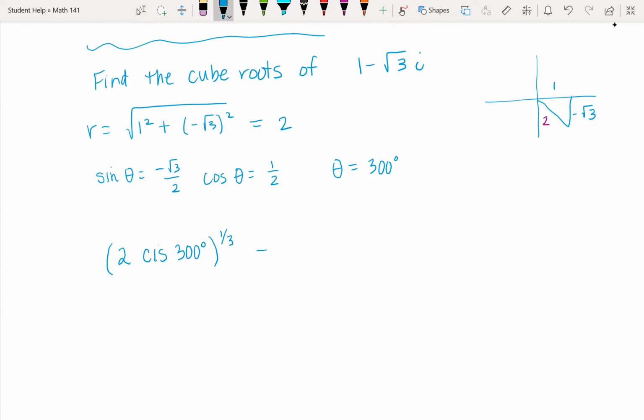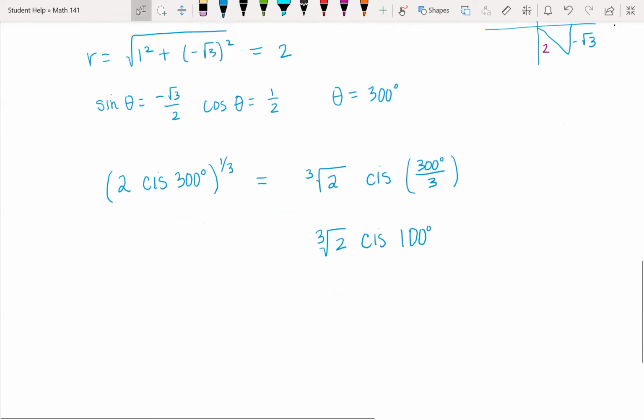To do that, I take 2, and I'm going to take the cube root of it. And then I take the angle and I divide it by 3. So I'm going to have cube root of 2 cis 100 degrees. That's my first answer.